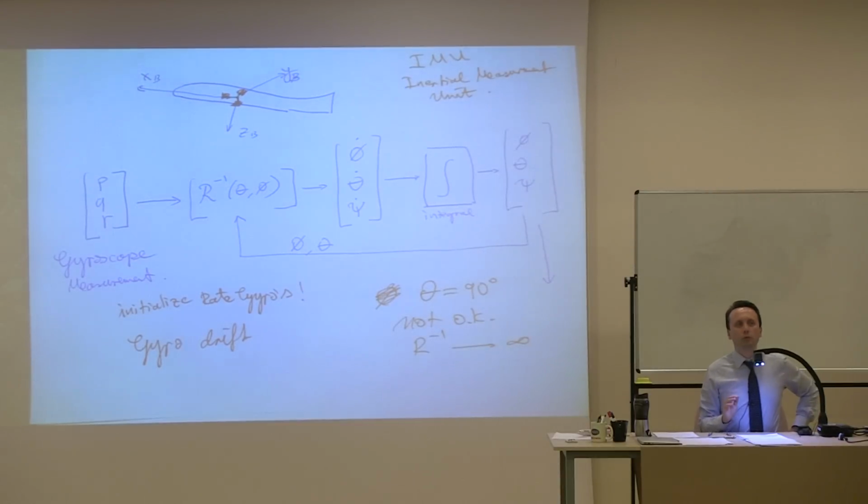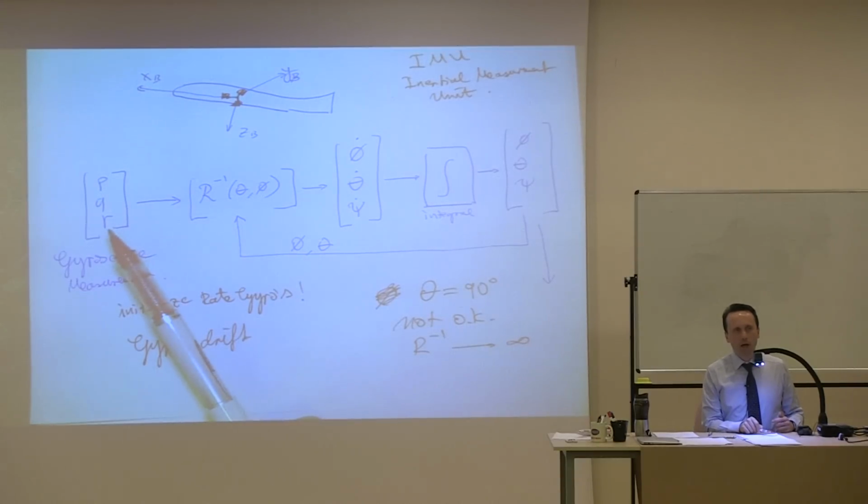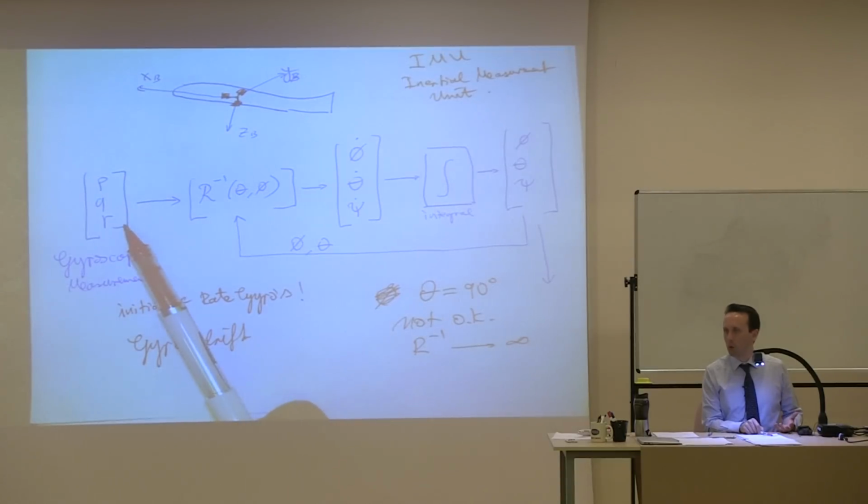So when I say time goes by, how much time are we talking about? Well, it depends how good your gyro is, of course. If these measurements P, Q, and R are good measurements, I mean, if it's a good gyro, the error will be small, right?